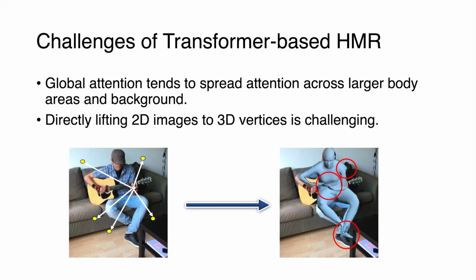Second, directly lifting 2D images to 3D vertices without explicit guidance is challenging due to the significant gap between the 2D images and 3D meshes. Because of this, some existing methods may experience difficulties when estimating complex human poses or activities.